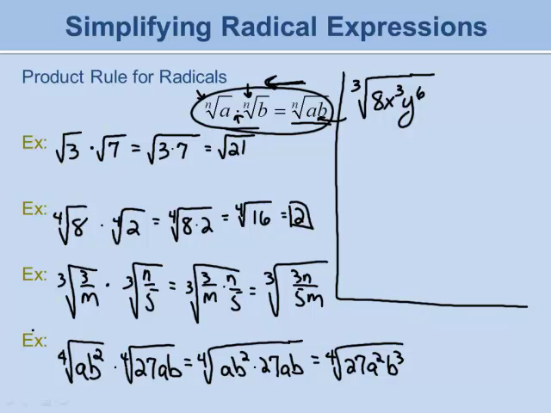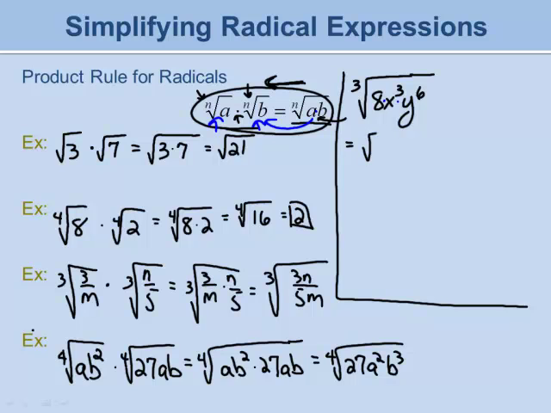Notice that there is multiplication underneath that radical sign. And what the product rule for radicals says is if you have multiplication under the radical sign, you can split that term out into its individual factors with a sign for each factor if it helps you simplify the problem. And in this case, it will.